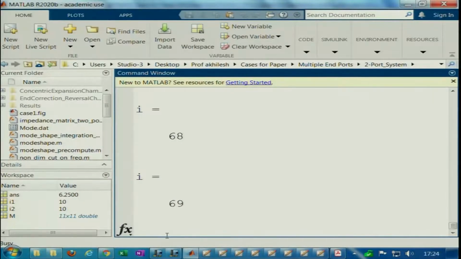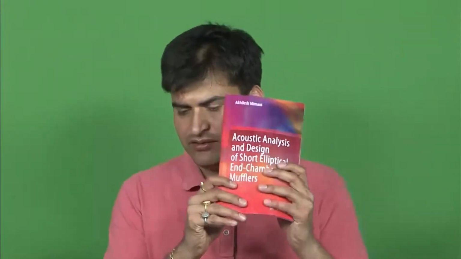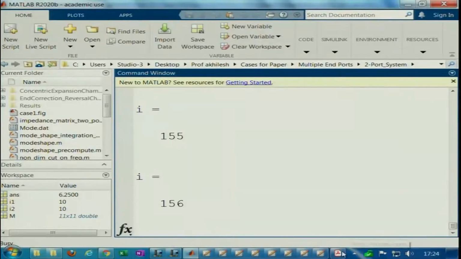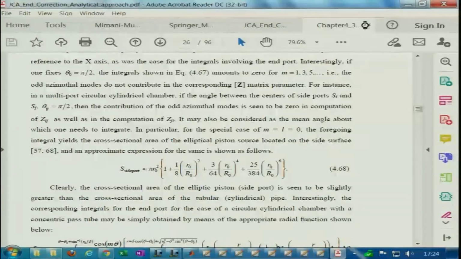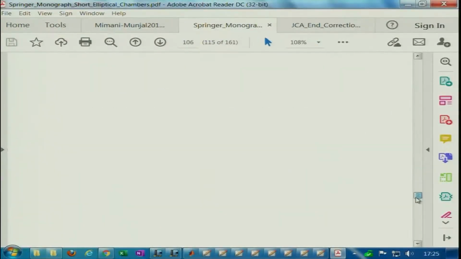This is what I presented in my book. I am going to show you the graph of such a configuration while it is doing its job. If you go back to the close of this, in my monograph I have talked about this configuration.